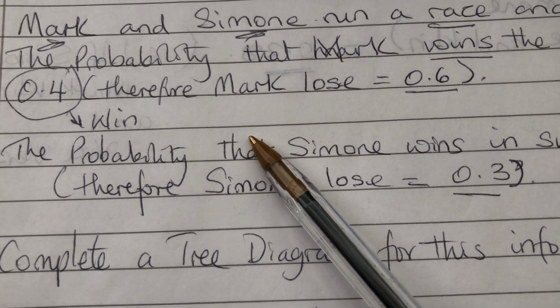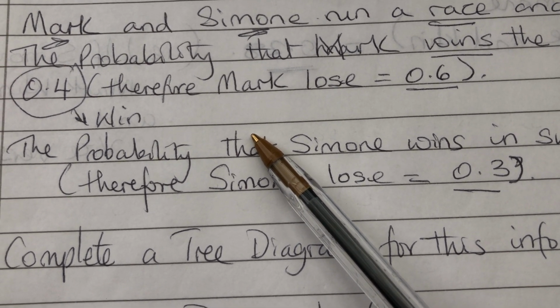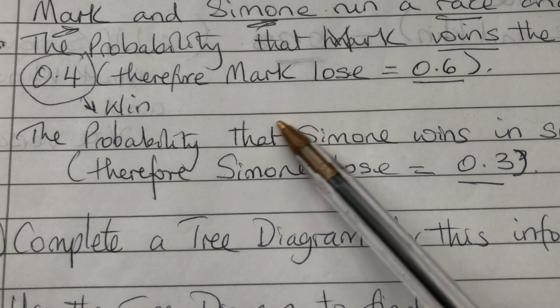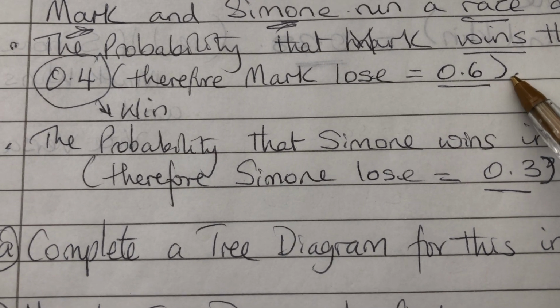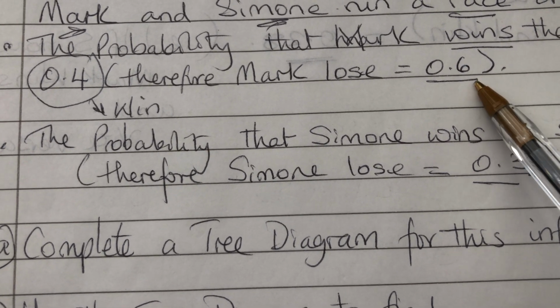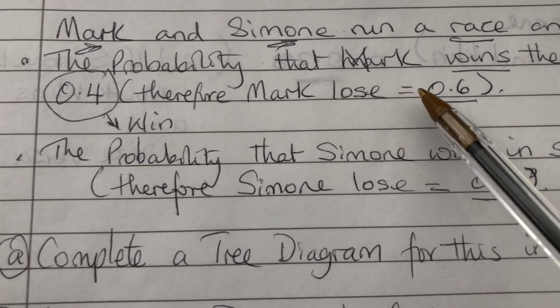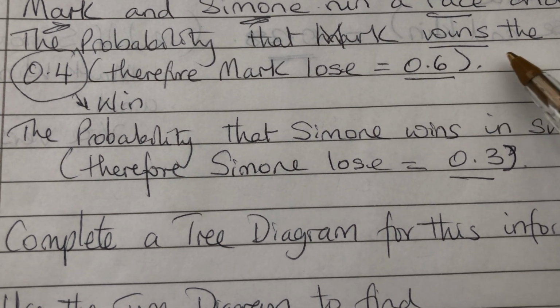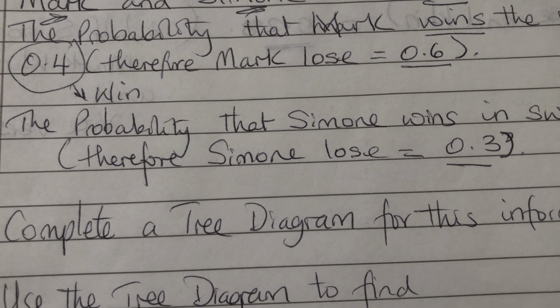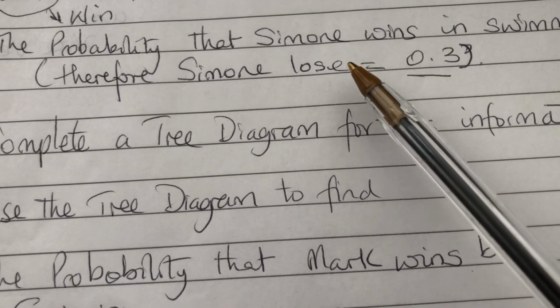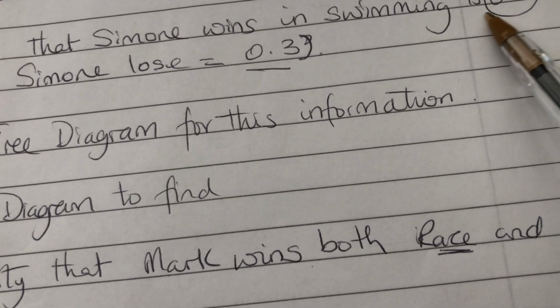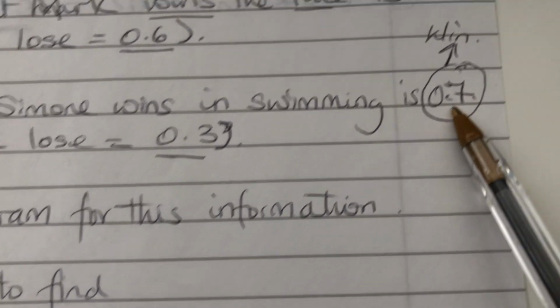Therefore, if Mark loses, it will be 0.6, because if you add 0.4 plus 0.6, you should get 1. The probability that Simone wins in swimming is 0.7.